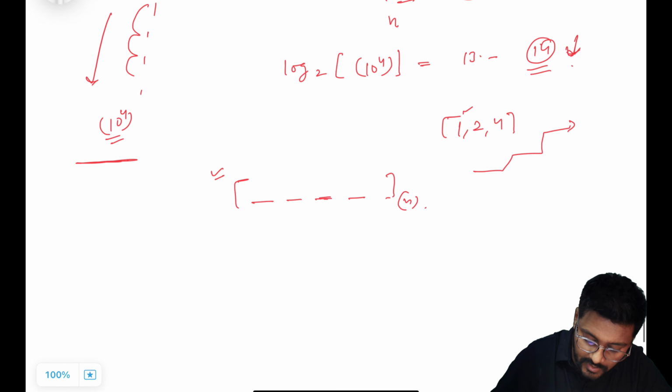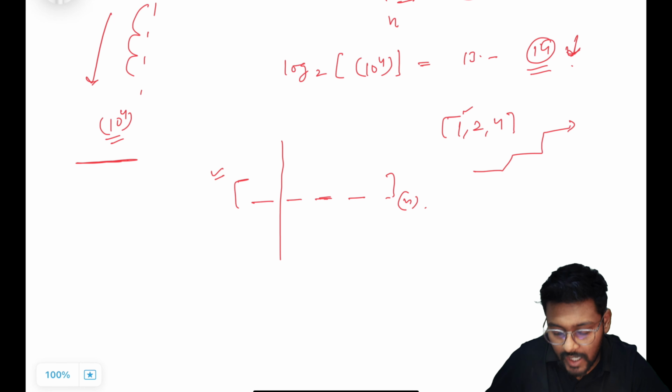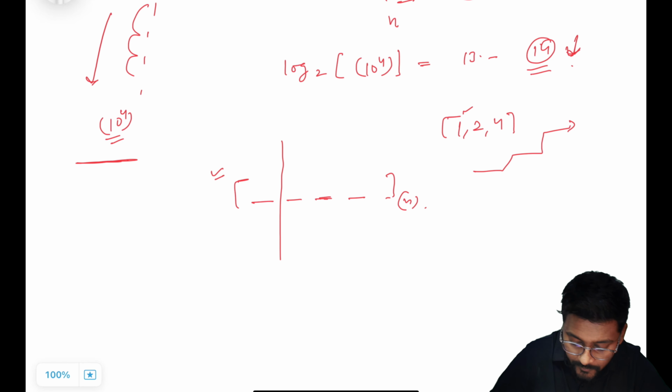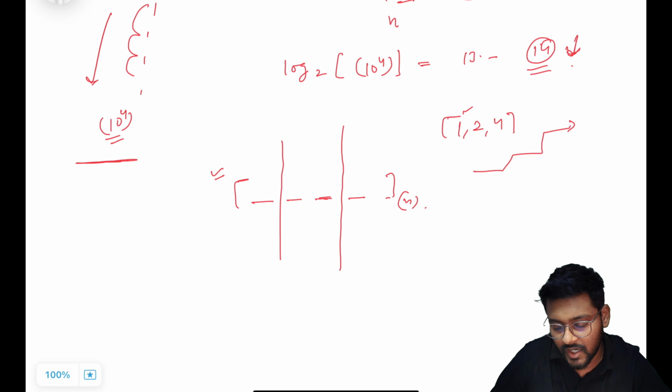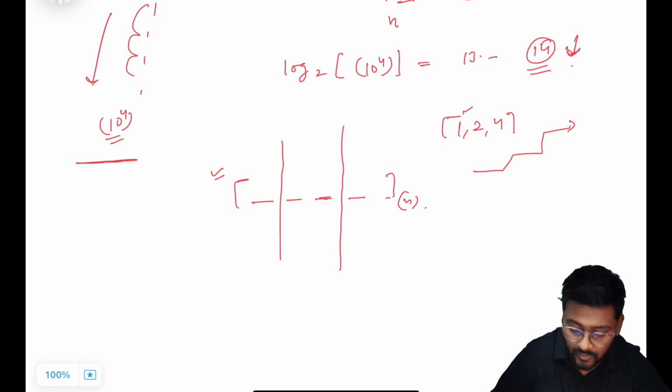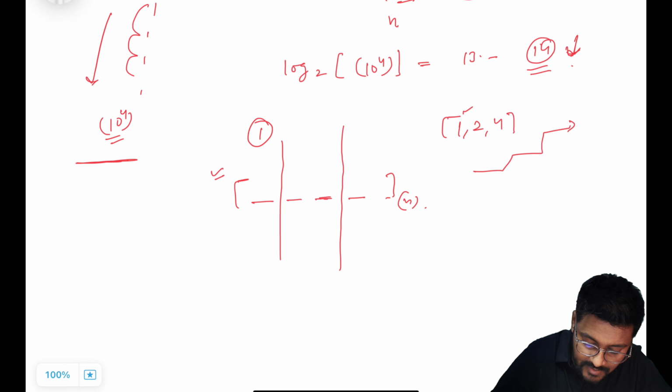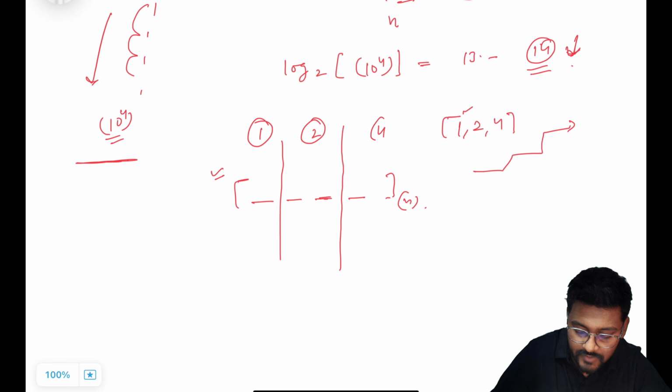If we are having 1, at least one time we are going to have it. Let's say at the left part of this bar I'm having 1, then I also have to accommodate 2. Let's say at this portion we are having 2, at this portion we are having 4. So these values are all 1, all of these values are 2, all of these values are 4.